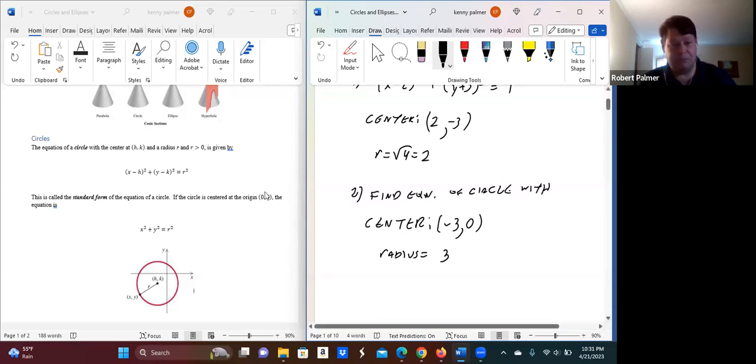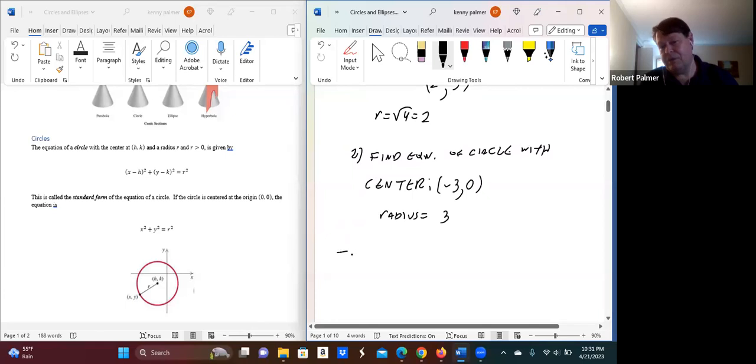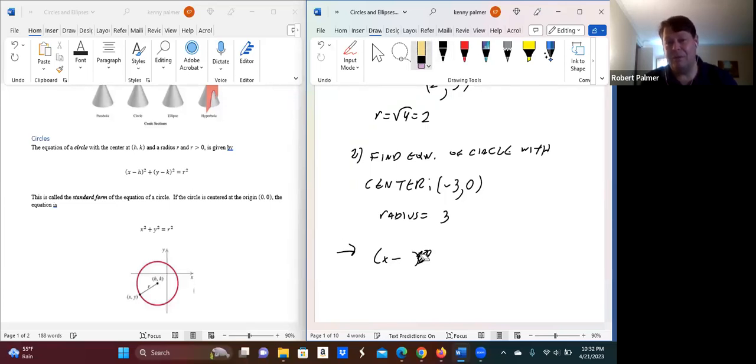So plug it into this formula. We're going to have x, and I need the x on the inside of the parentheses, so I have x plus or minus something, squared. The minus is part of the formula, but what I'm subtracting itself is negative.